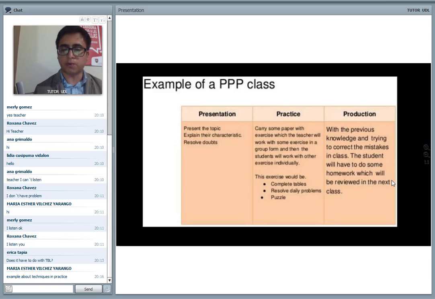Remember, this is one of the most common approaches that you can use in order to teach grammar. And remember, PPP means presentation is number one, practice the second, and finally the students need to produce something. Right?